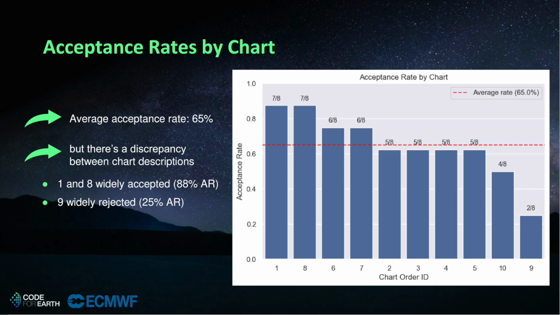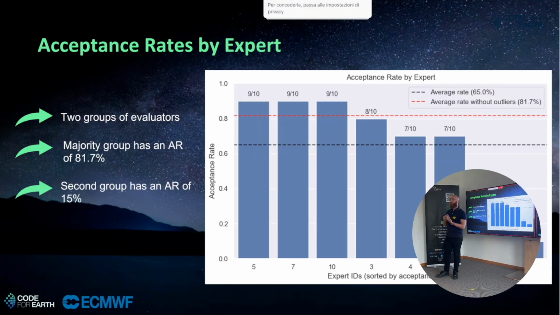So this is again a question that we want to answer. Why is that? Small comment: when we remove what appears here to be outliers, but maybe they're not, we had a small pool of evaluators after all, it raises the average acceptance rate to 81.7%.